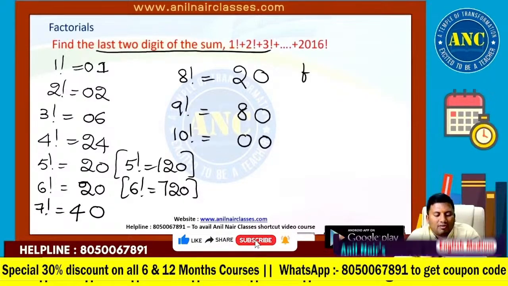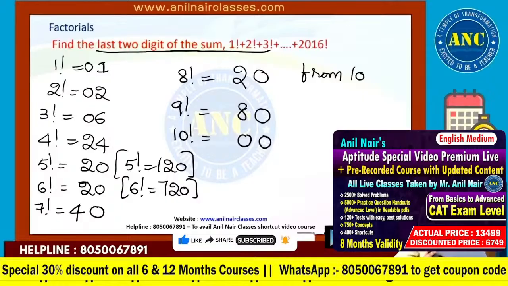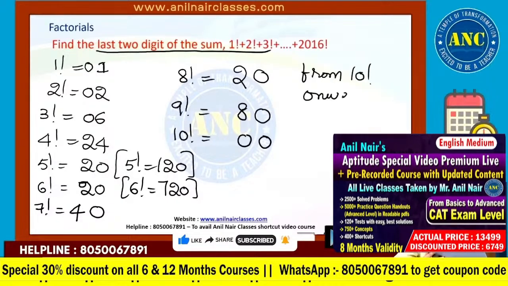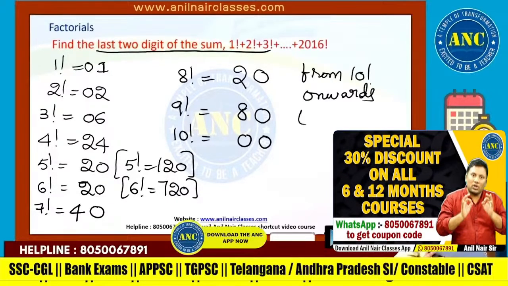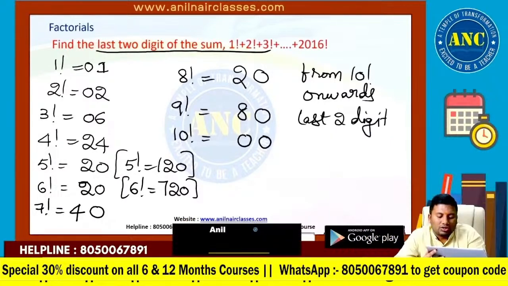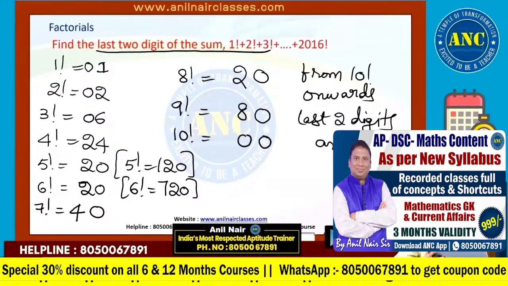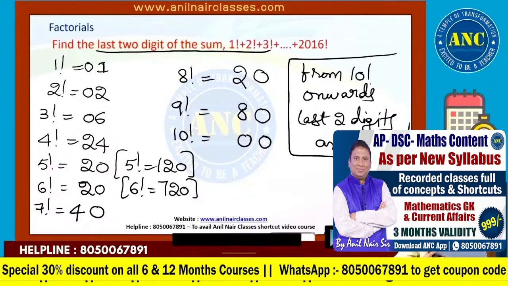That means from 10 factorial onwards, the last two digits are 0, 0.